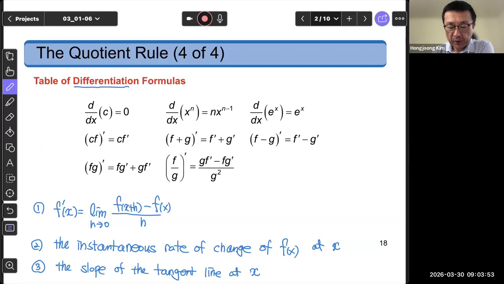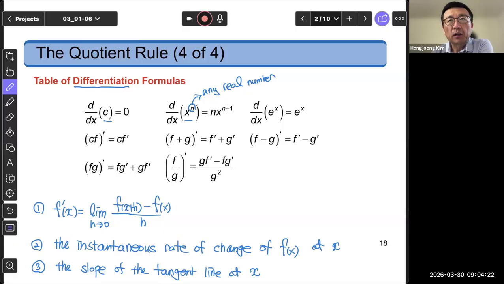When I consider the constant, its derivative will always be 0. And when I consider any power function, x to the n, this n can be any real number. Please remember that n can be any real number; it doesn't have to be an integer.